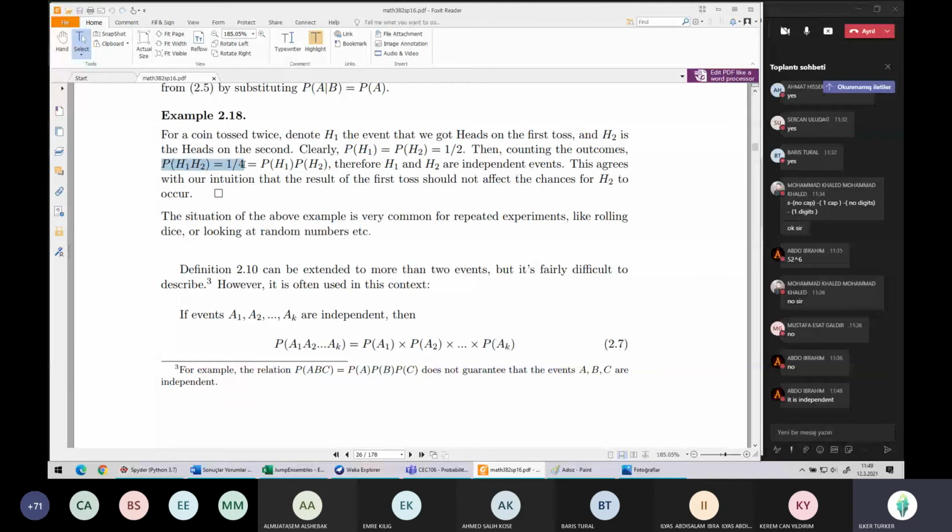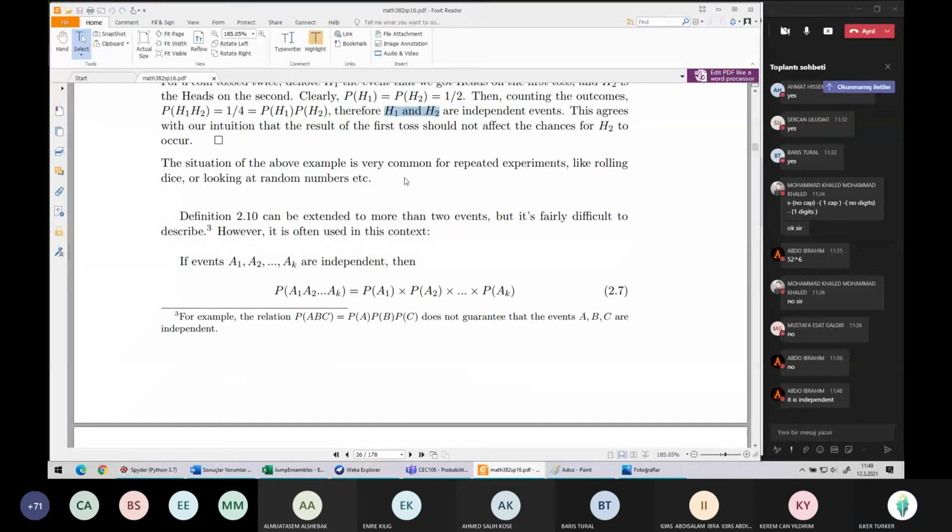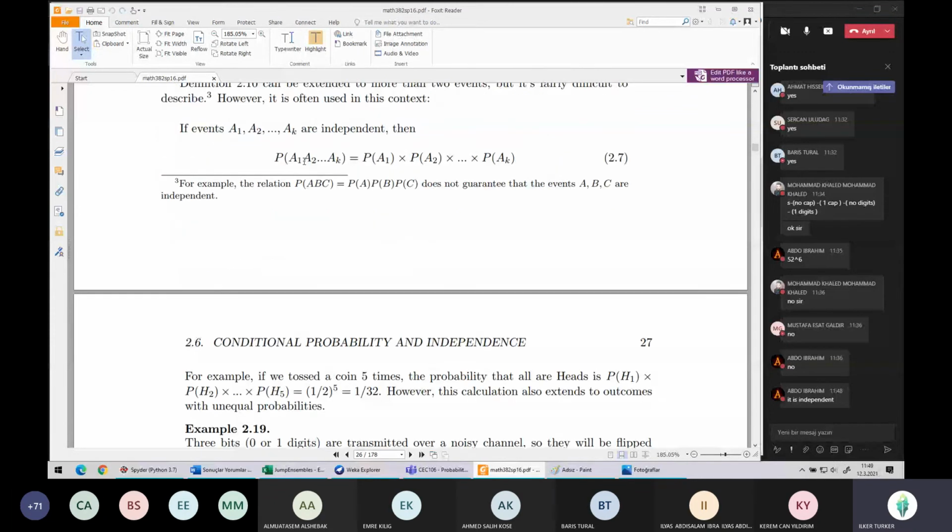It is the multiplication of P(H1) and P(H2). Therefore, H1 and H2 are independent events. You can extend this for multiple events: P(A1, A2, ..., AK) equals P(A1) times P(A2) times ... times P(AK).